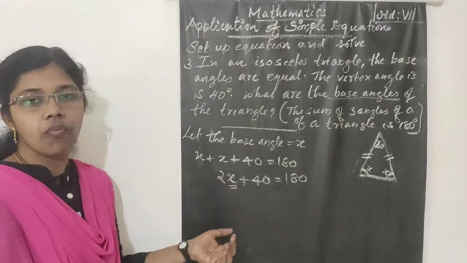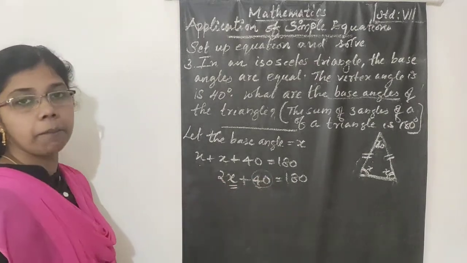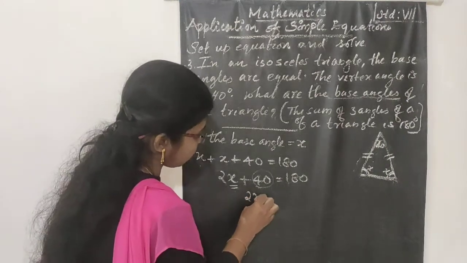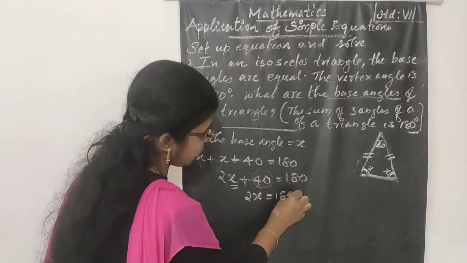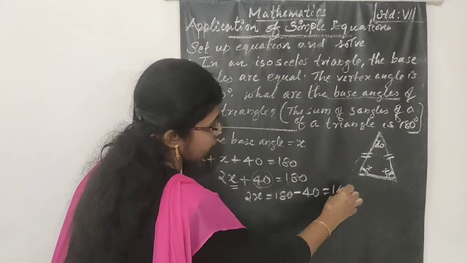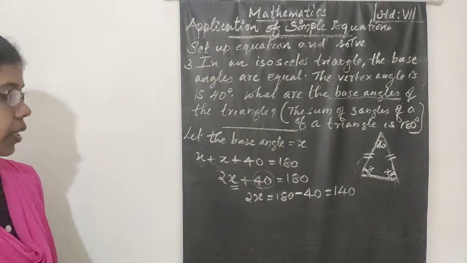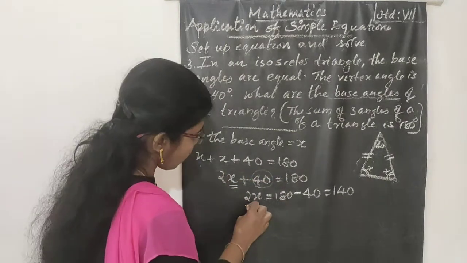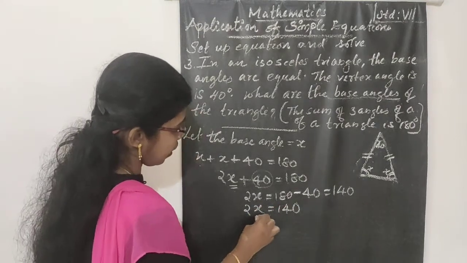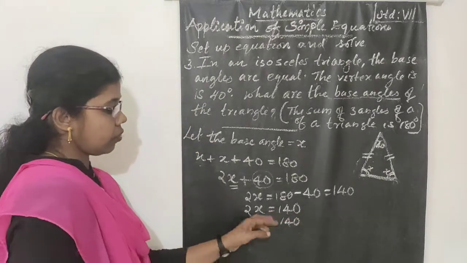Now find the value of x. First transpose plus 40 to the RHS. So 2x equals 180 minus 40, that is equal to 140. Next step, 2x equal to 140, then x equals 140 divided by 2.